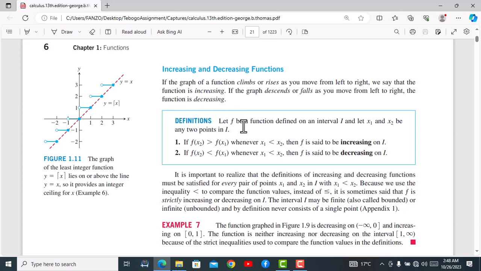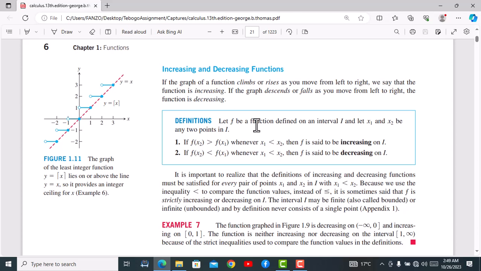All right. Definition: let f be a function defined on an interval I, and let x1 and x2 be any 2 points on this function. Now remember, we are speaking about functions here, and this function that we have, which is a machine, we are having certain values of the domain that we want to input inside of a function, so that we can get the corresponding values of y.